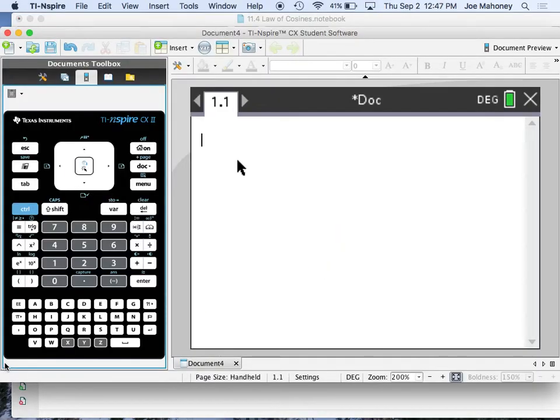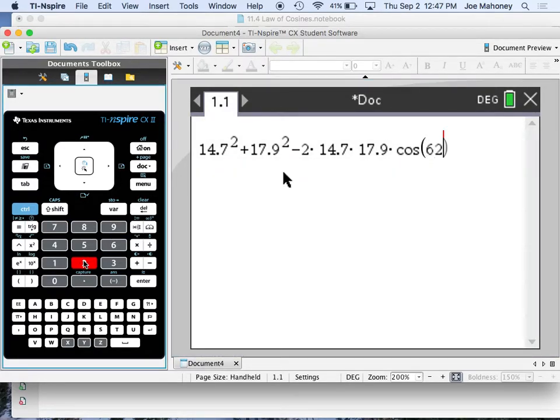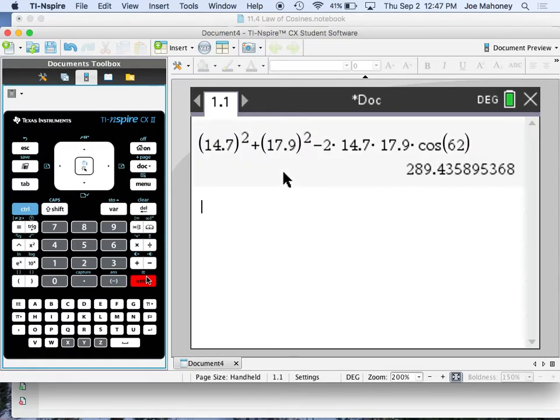I'm going to do 14.7 squared plus 17.9 squared minus 2 times 14.7 times 17.9 times the cosine of 62. So that is the square of the side I'm looking for.